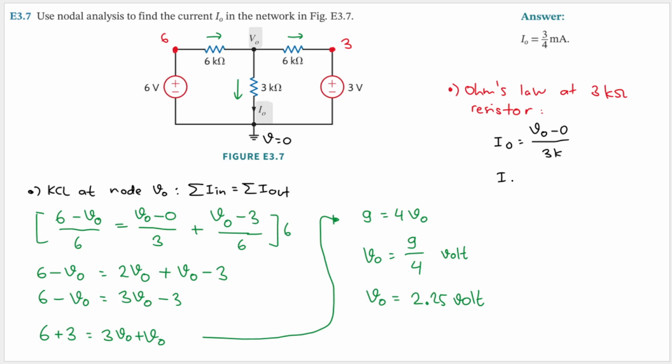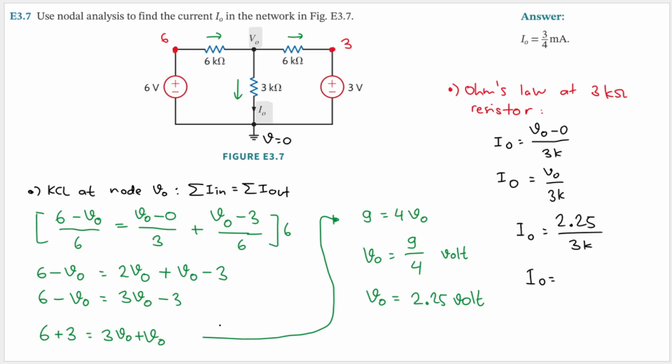So I0 is equal to V0 divided by 3 kilo ohm. So we'll have I0 is 2.25 divided by 3 kilo ohm. 1 over kilo becomes milliampere, so our unit will be in milliampere.